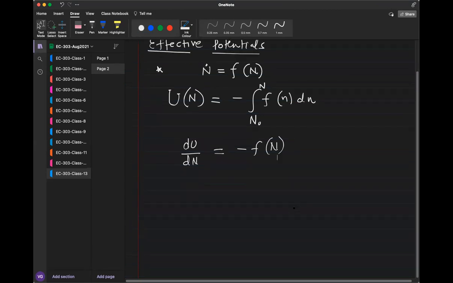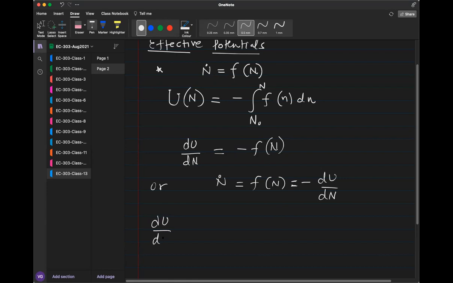In other words, what I have really done is written down this n dot, which is equal to f of n, in the form of some function where this is true. Now let us look at this quantity du by dt. What is du by dt?